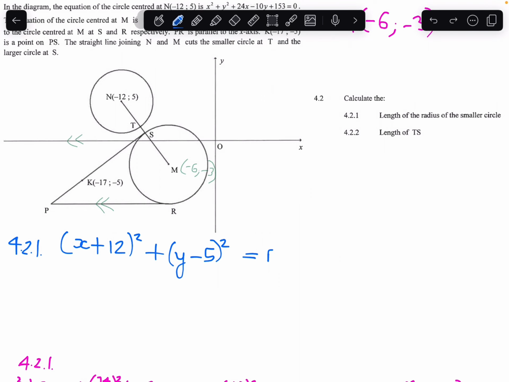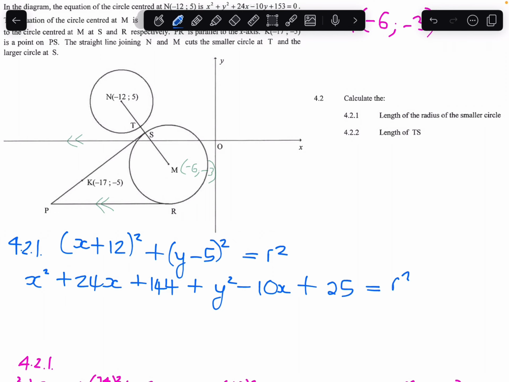So that would be x squared plus 24x plus 144, plus y squared minus 10y plus 25 is equal to r squared.